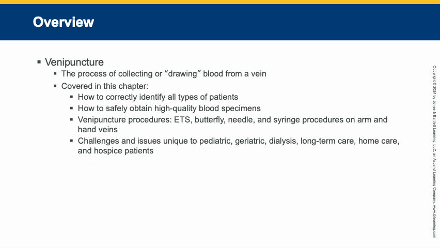We are going to talk about the entire procedure here so that when I see you and we do the procedure, you know all the steps. We are also going to talk about challenges and issues that come up with pediatric patients, geriatric, those that are on dialysis, or long-term care or home care or hospice patients.